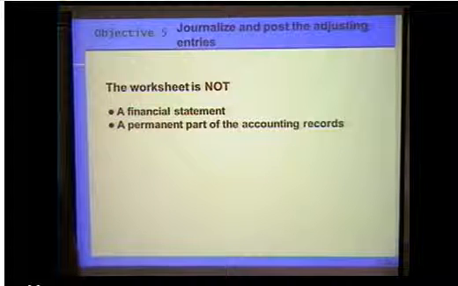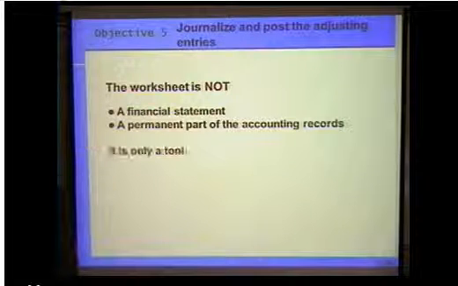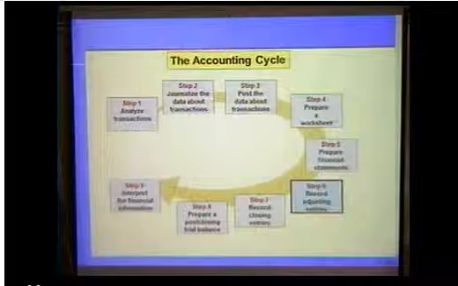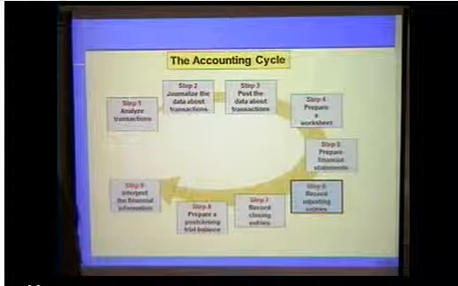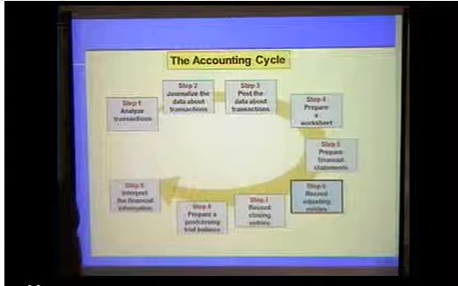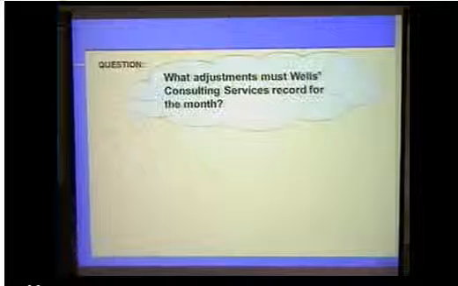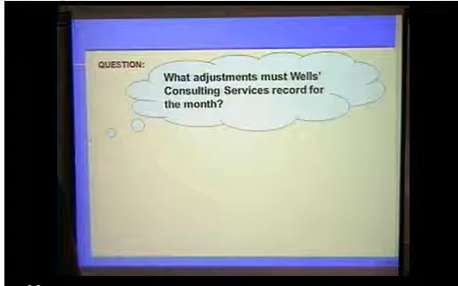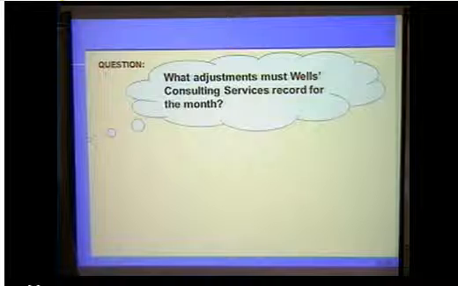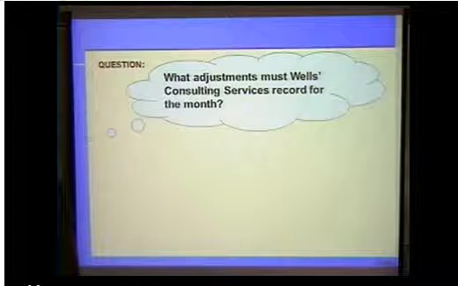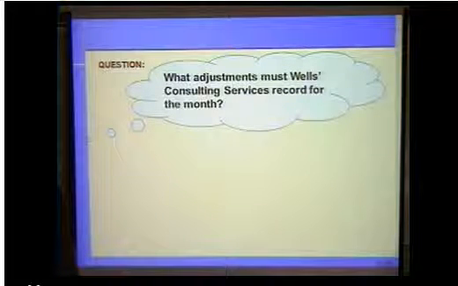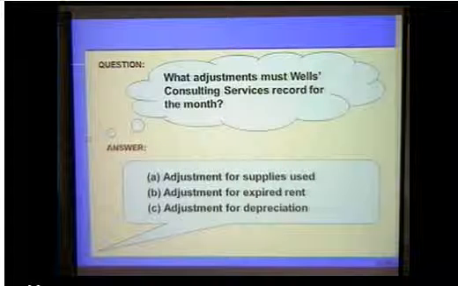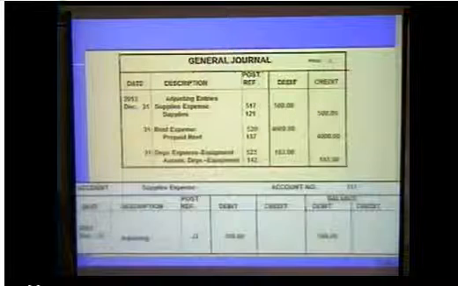So, after we've completed the worksheet and prepared our statements, remember what we hadn't done yet. Those adjustments are not in our official records. They haven't been entered in the journal. They haven't been posted to the ledger. So next we go in and write it in the journal. And the way we do that is, wherever we are in the journal, we write adjusting entries.